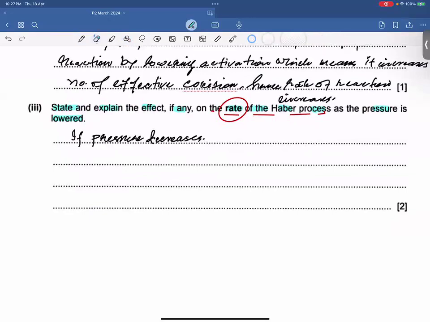If pressure decreases, molecules will move further away from each other.